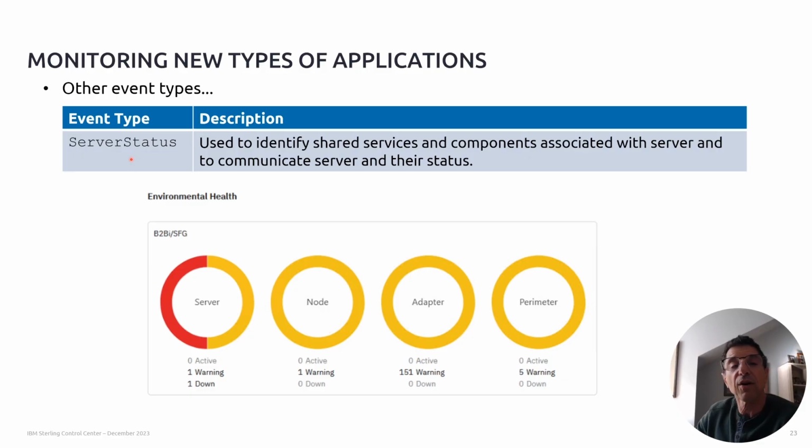And when you send in a server status event that identifies a server as having components or services, then the Control Center will show you those in the environmental health widget, as well as when you look at the details for the server. Like this B2BI server, it's got a component called node, it's got a component called adapter, and it's got a component called perimeter or perimeter servers.